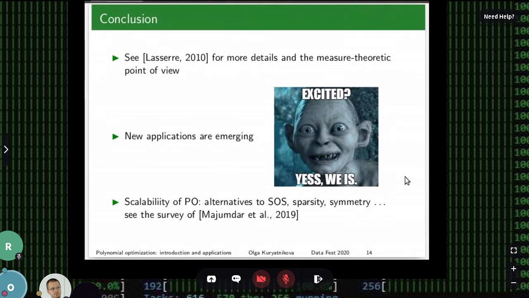There are other polynomials which are also always non-negative and which you can use as an alternative to sums of squares and also obtain some tractable problem. So it's actually now a very active topic of research: what can we use instead of sums of squares? And also, of course, there are many ways to exploit sparsity and symmetry.